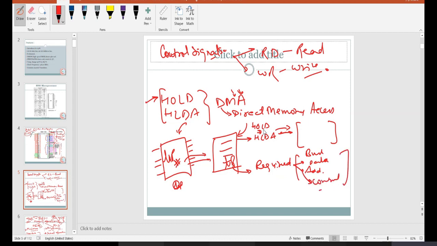So in between, the HOLD is getting received and the processor generates the HLDA signal. In this very short amount of time, the processor is releasing the control of buses from this place to the new processor or the new controller, whatever it could be. So now the new one will have the control of the data bus as well as the address bus as well as the control bus of the previous processor.